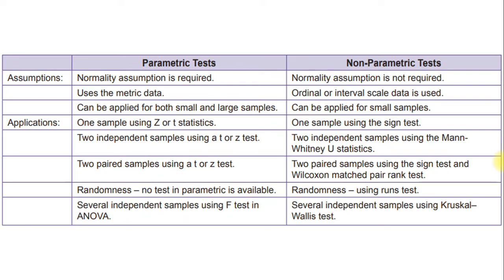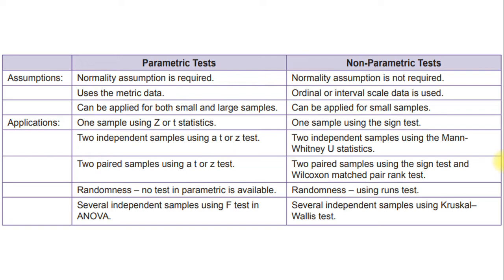When we compare parametric test assumptions and application with non-parametric test, we are very clear that normality is an assumption for parametric but not for non-parametric. When it comes to the sample size, non-parametric tests are generally used on a small sample size, but as the software has now been updated and we have progressed in the level of calculation using software, we are able to use these non-parametric tests on large samples as well.